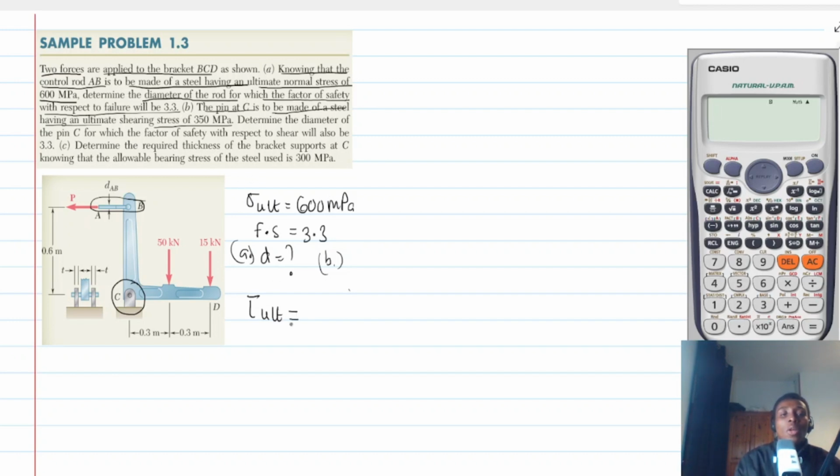Now we are talking about ultimate shearing stress, which is 350 megapascal. Now we are also to determine the diameter at pin C, for which the factor of safety with respect to shear will also be 3.3. Okay. So again, the diameter at this joint.